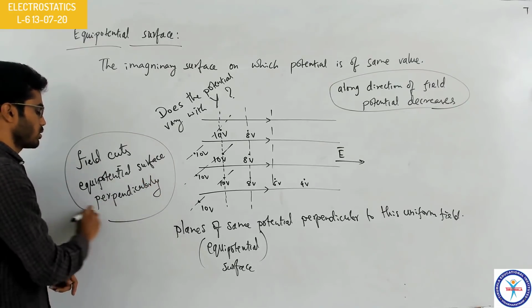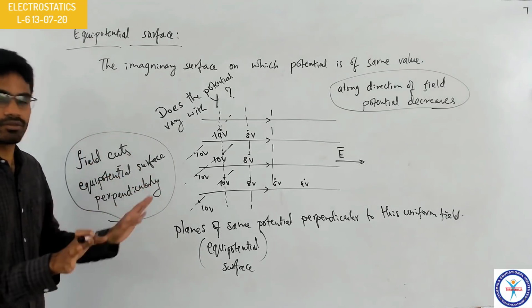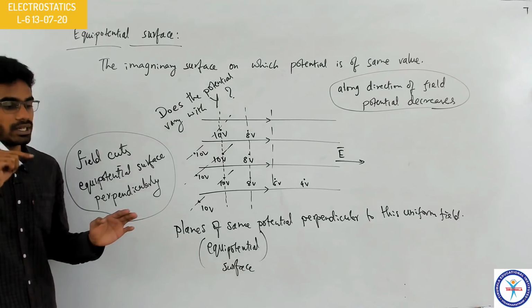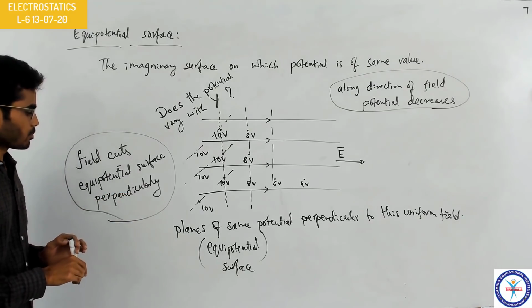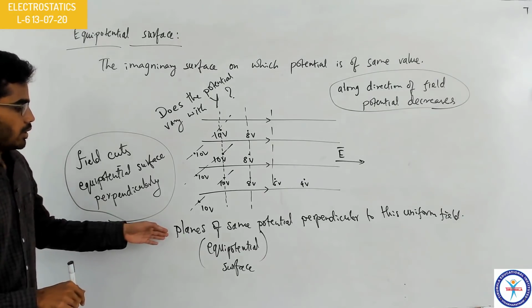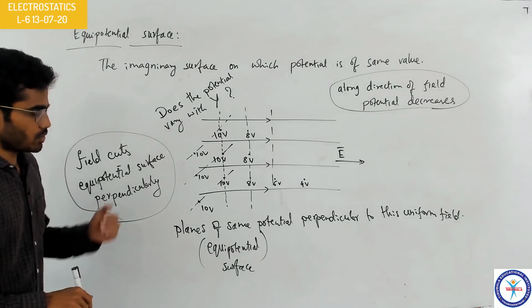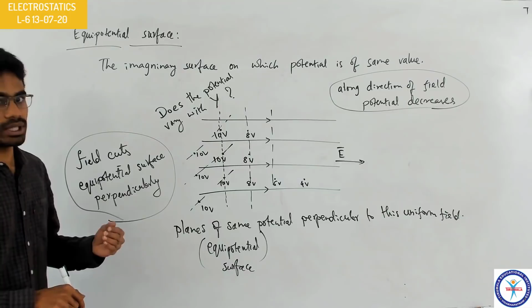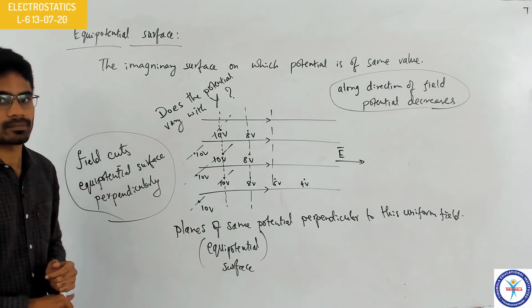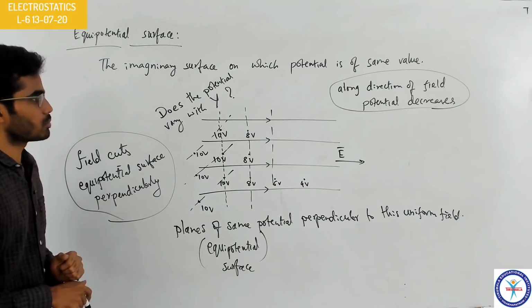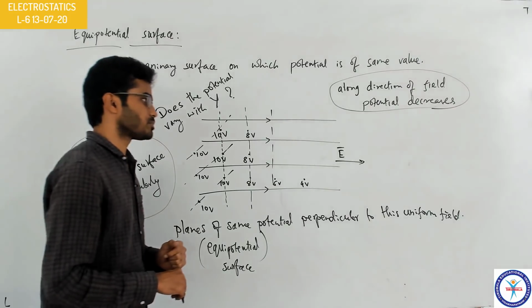This is also important. If there is an equipotential surface, you should understand that the field is intersecting it perpendicularly, right? If you know the field direction, you should know that the equipotential surface is perpendicular to it. They are the same thing. So this is the information about equipotential surfaces.